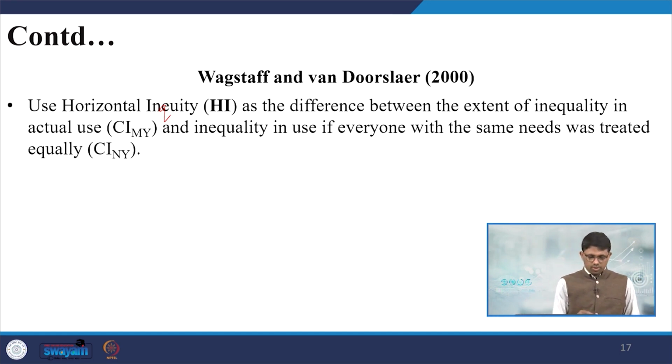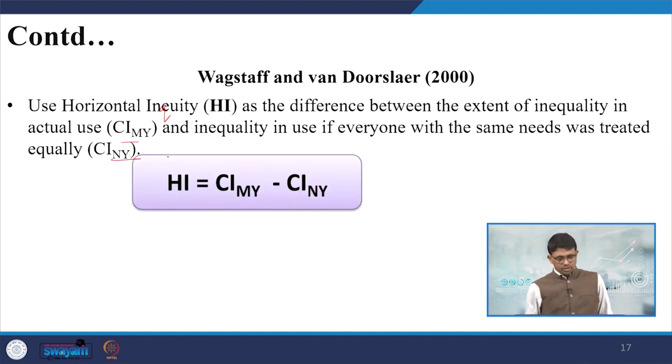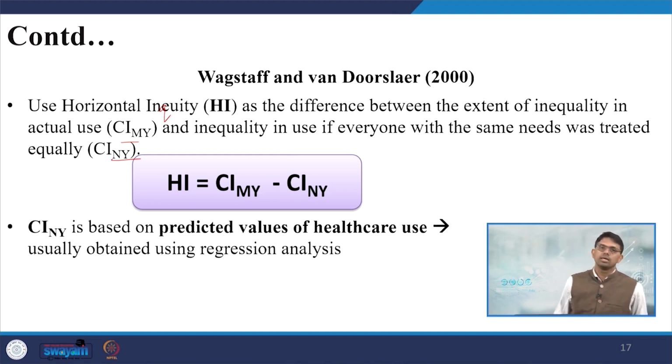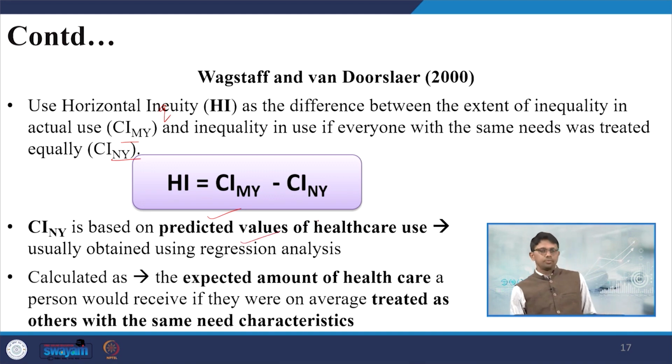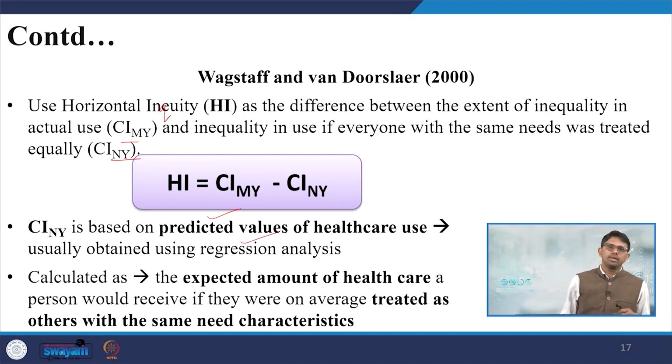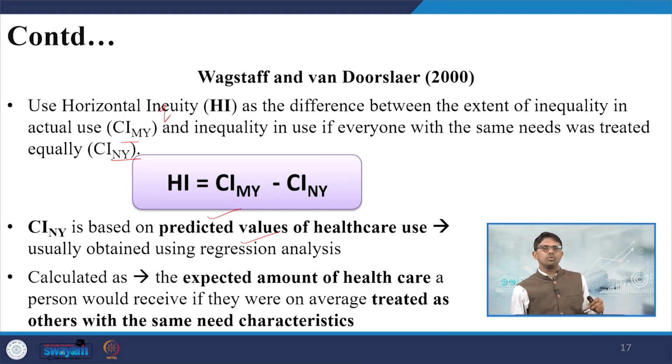Okay. So, these two we have discussed in the previous lecture. This difference is identified by Wagstaff and Doorslaer. The CIMY minus CINY measures the horizontal inequity. CINY is based on predicted values, since that is based on need, and usually these predicted values are derived through regression analysis, sometimes called expected values.